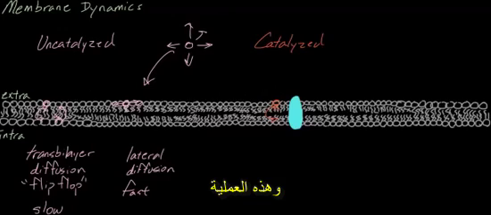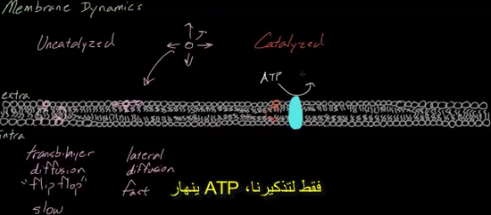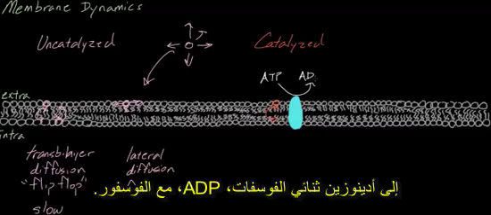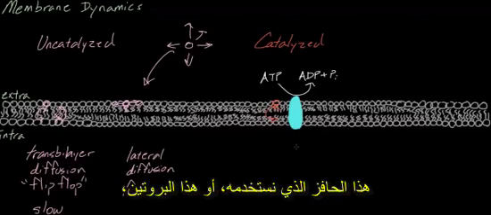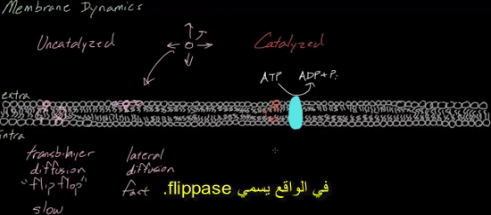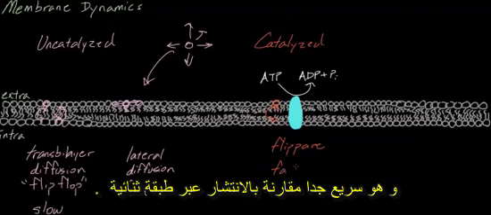And not only so, this process actually uses ATP, which we call adenosine triphosphate. Just to remind us, ATP breaks down into adenosine diphosphate, ADP, with a phosphorus. And this provides energy for this reaction to happen. This catalyst that we use, or this protein, is actually called flipase. And this is pretty fast compared to our trans-bilayer diffusion.